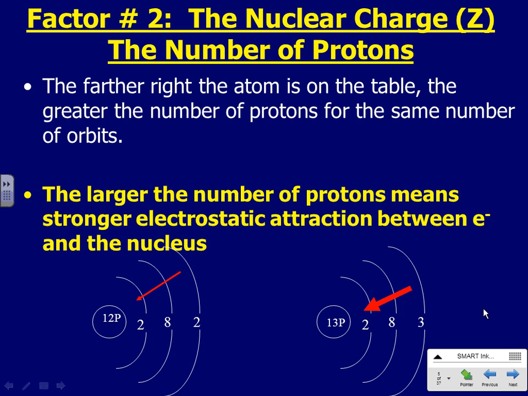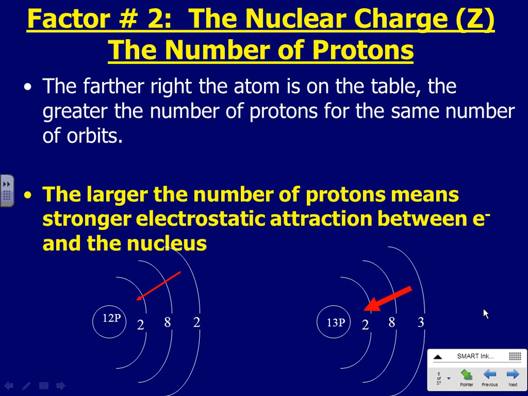But an electron that's in the orbit is so close that it's really not being affected by its neighbors, because these 3 will be spread over the orbit itself. So this electron in this orbit will feel the pull of 13 protons, which is greater than the electron in this orbit that feels only a pull of 12 protons, because they're spread over the orbit.